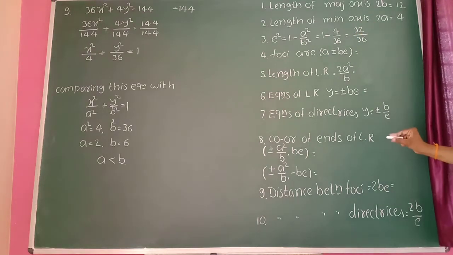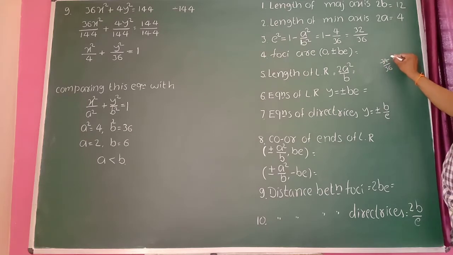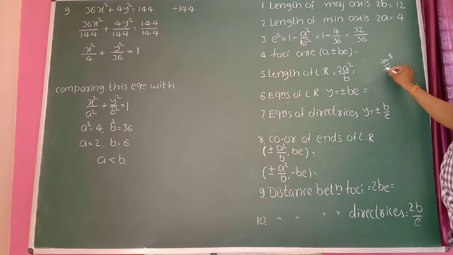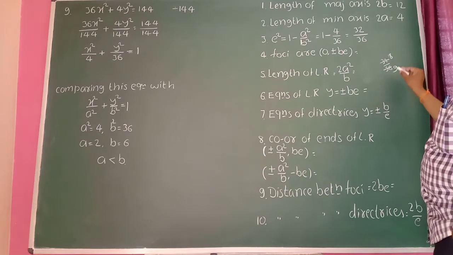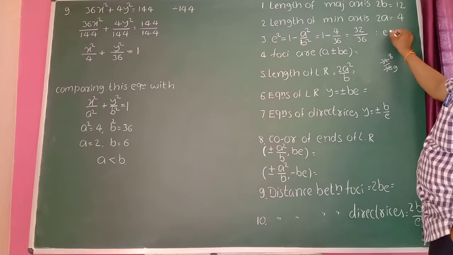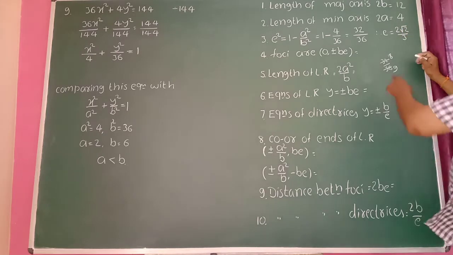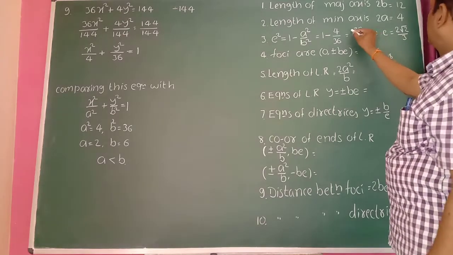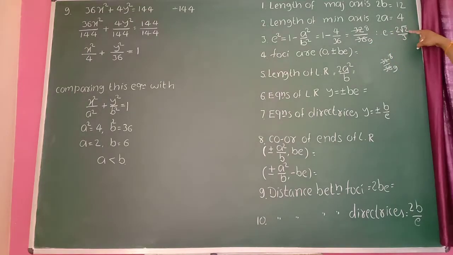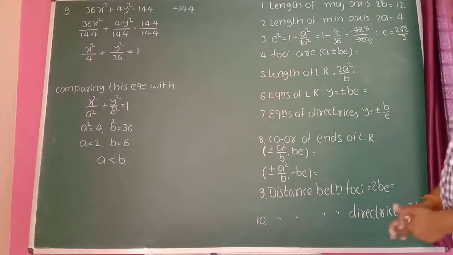So 32 divided by 36, which simplifies to 8 by 9. Therefore the square root of 8 by 9 means 2 root 2 by 3, because the square root of 8 is 2 root 2 and the square root of 9 is 3. So the eccentricity is 2 root 2 divided by 3.